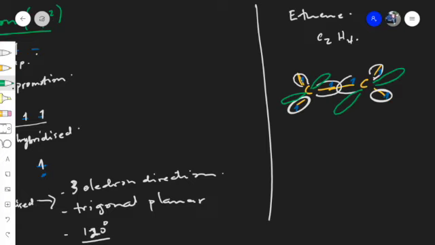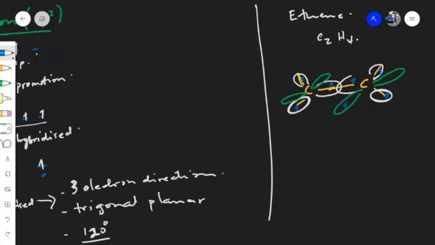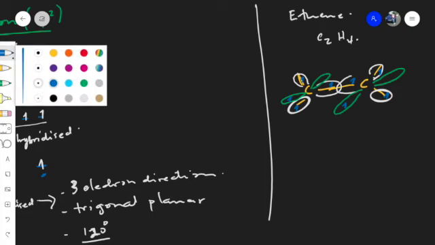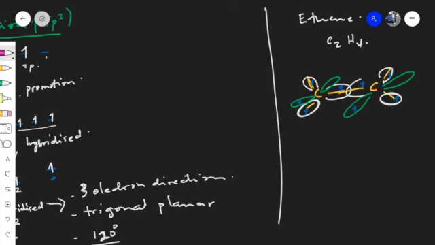But remember, we still have an electron in there and an electron in there, and these electrons are going to merge, they're going to come together. When these electrons come together, this is what happens. So the electrons have merged, and this is what we end up with.